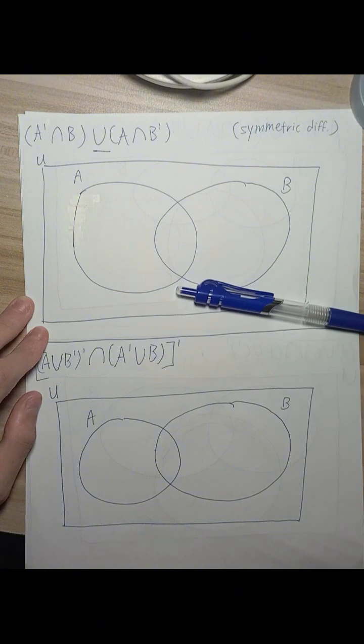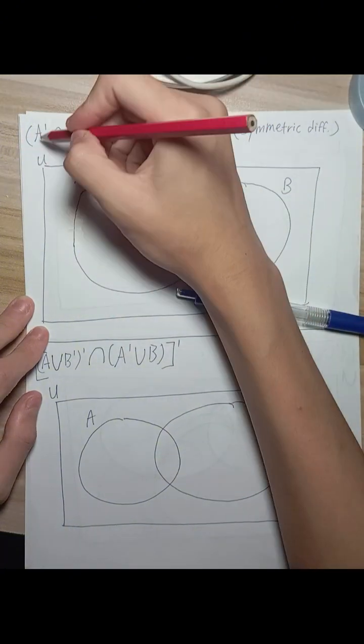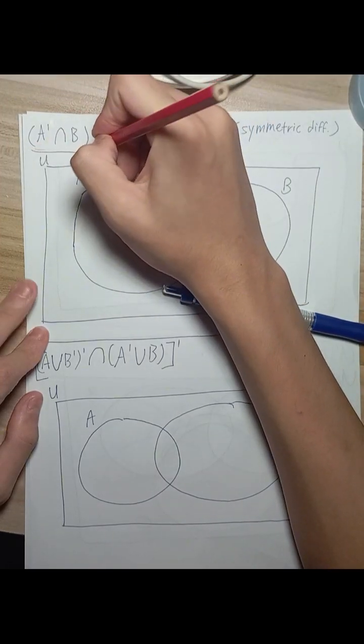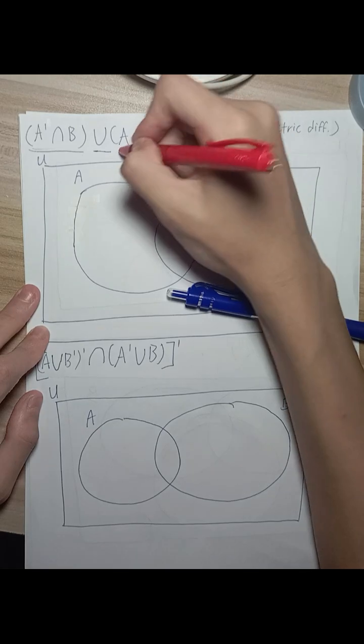Then we can use different colors to represent this and this. So let's say we have this and this, right?